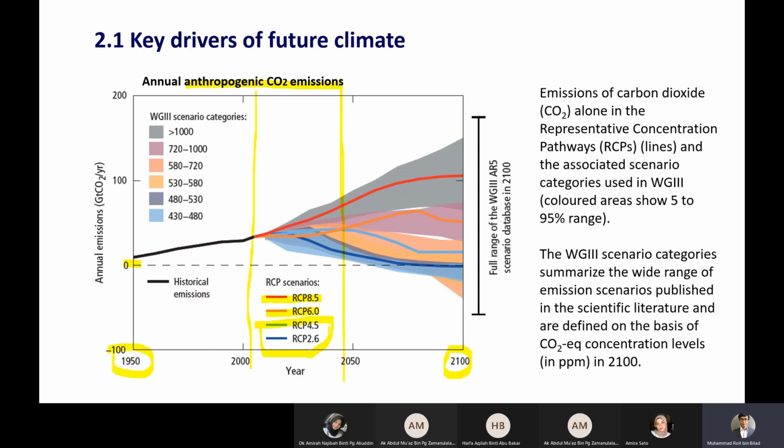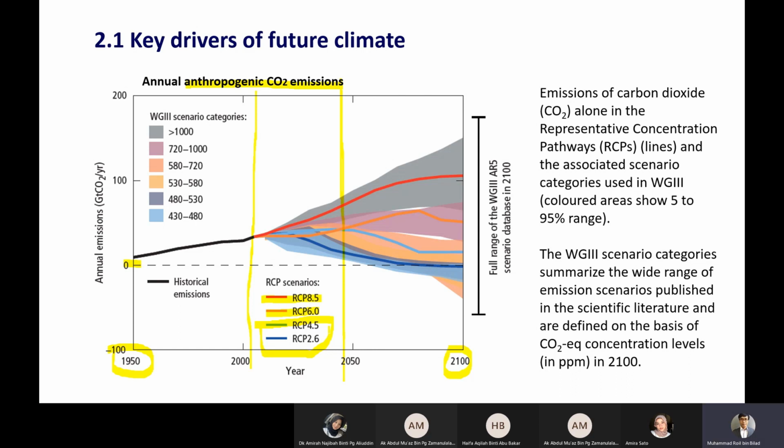So the United Nations have developed many different scenarios of how we can curb the accumulation of CO2. Basically, the solution is simple: by emitting less CO2. So what does that mean?